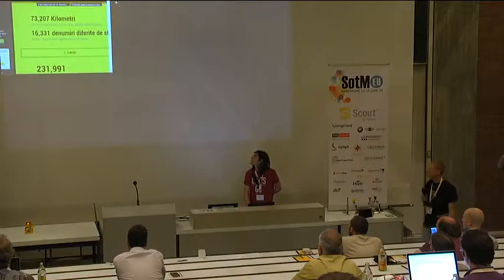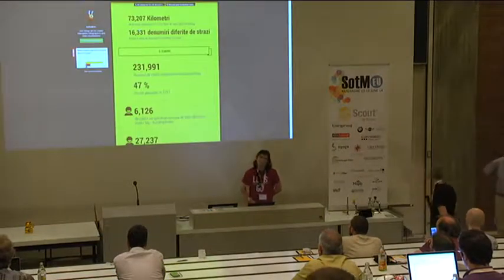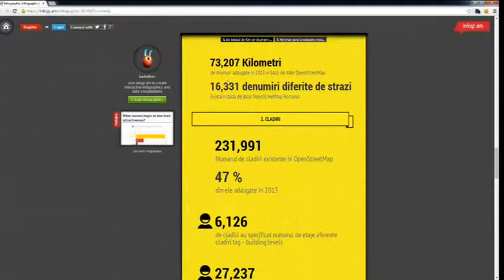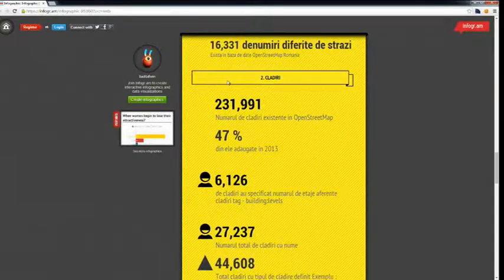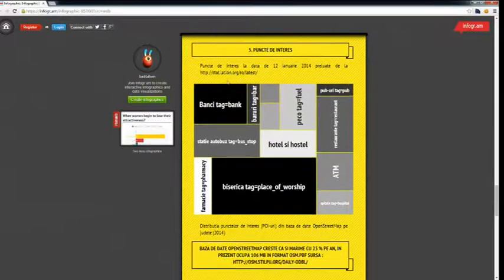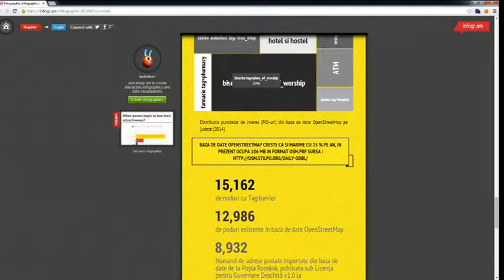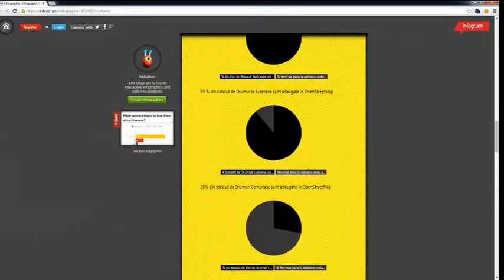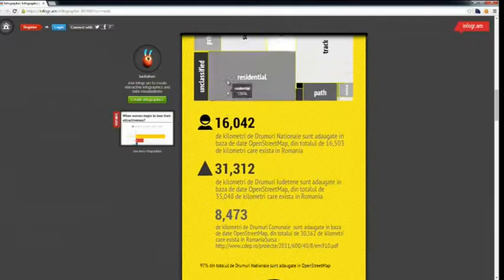And also what we try to do for promoting the statistics, because now we want to do some automatic tools that will be able to show some statistics, and we did an infographic to show different statistics about the state of the map, like how many bridges, tags. Unfortunately, this is in Romanian, so not really helpful.